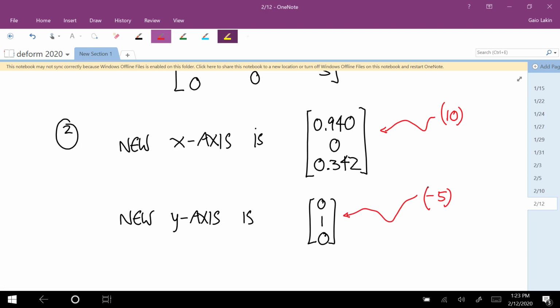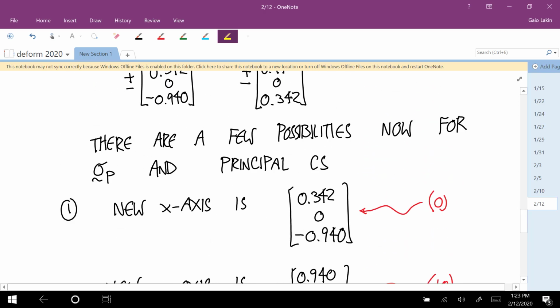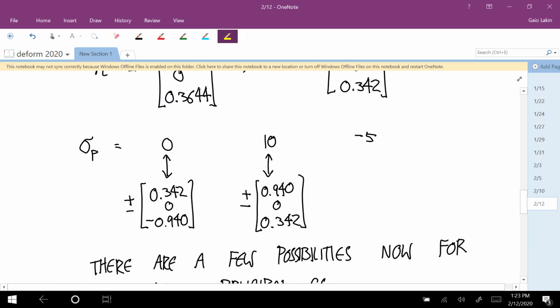Okay. Well, we already figured out that, so we know that this one, by taking that cross product, is going to be linked to 0, 1, 0, plus or minus.